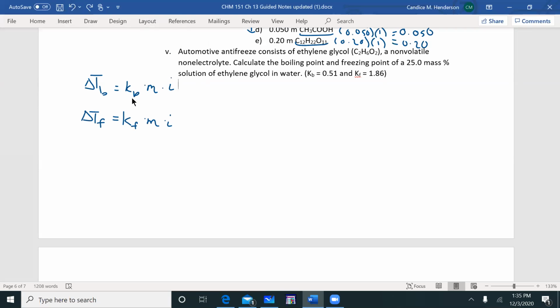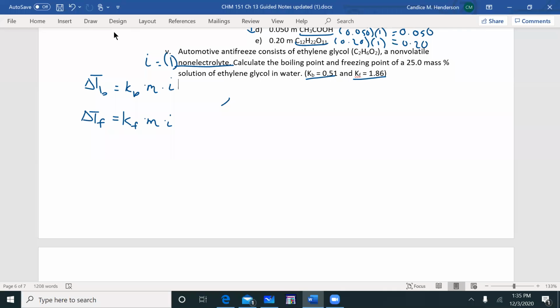And I also have i, because if it's a non-electrolyte solution, i should just be 1. So i equals 1. KB given, KF given. So really, I just need to figure out my molality of this.